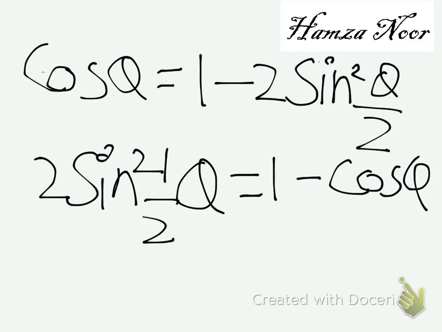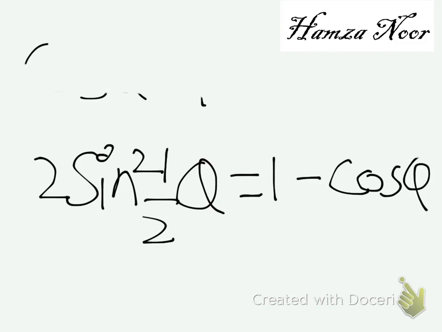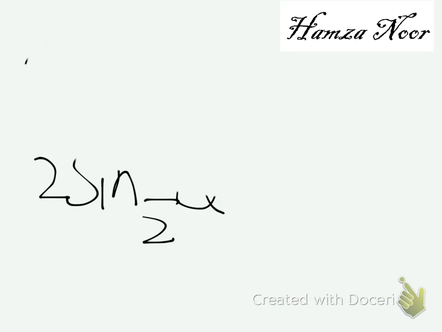If you make sine squared half theta the subject of the identity, you will get (1 minus cos theta) over 2. That's very simple. So sine squared half theta is exactly equal to (1 minus cos theta) over 2. Here we have proved this identity.